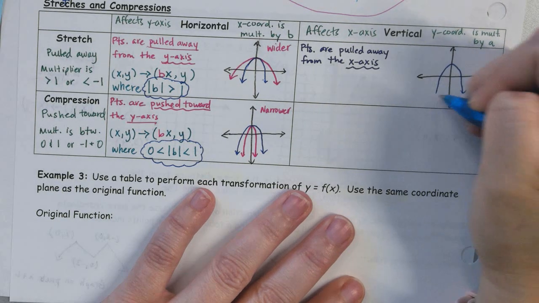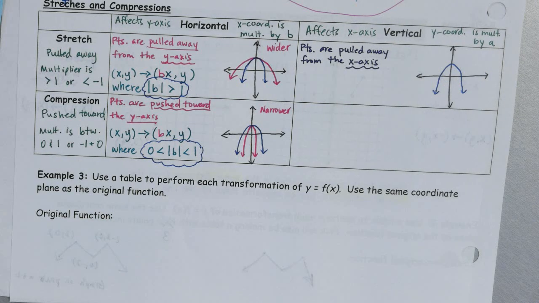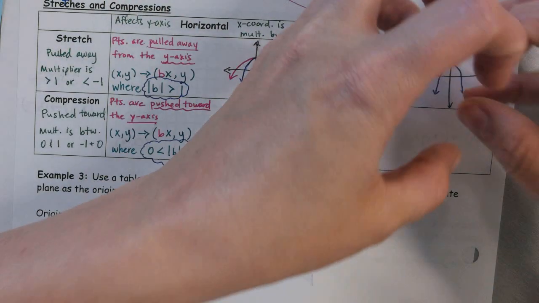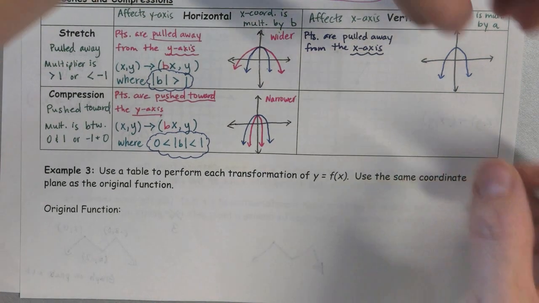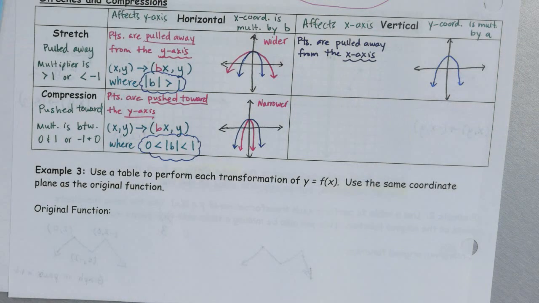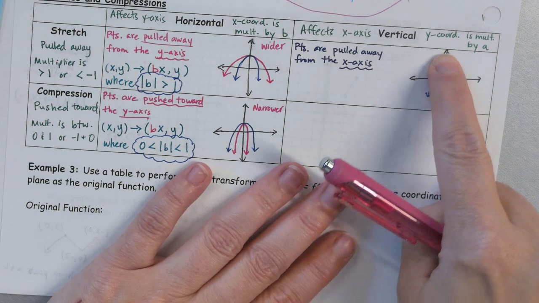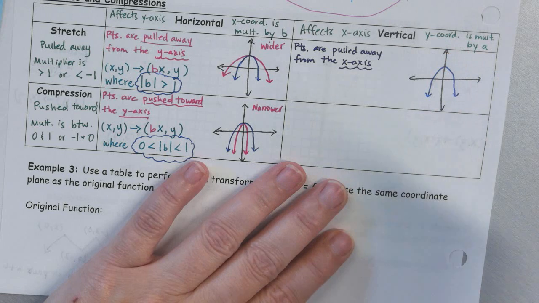So again, we'll think of our parabola and we'll just start thinking, if I'm pulling that away from the x-axis, is that going to get narrower or is that going to get wider? So before we were pulling away from the y. Now we're going to be pulling away from the x. So if I pull these away, it's going to be getting narrower. So if I pull this, it's going to be going more that way.